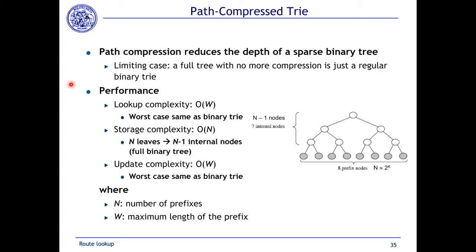Storage complexity N refers to the case when, by compressing everything, you create a complete trie, where all the gray nodes are at the bottom, and therefore, since you have n nodes, you have n entries in the routing table. It means that you will have n gray nodes.